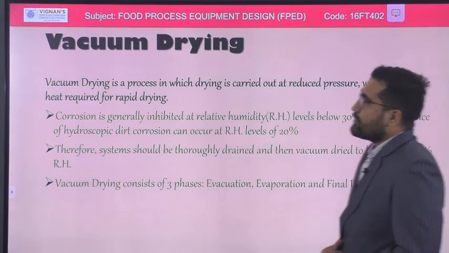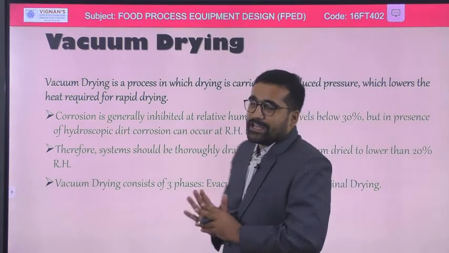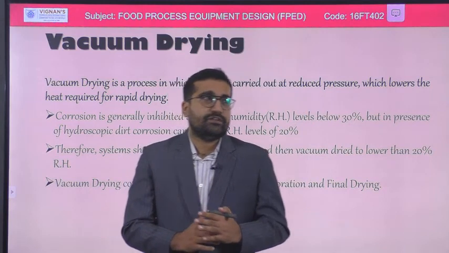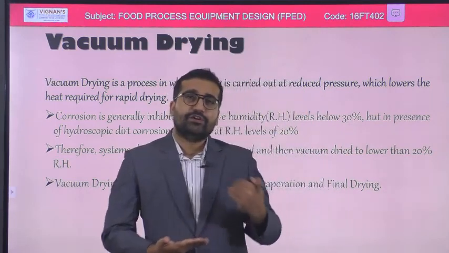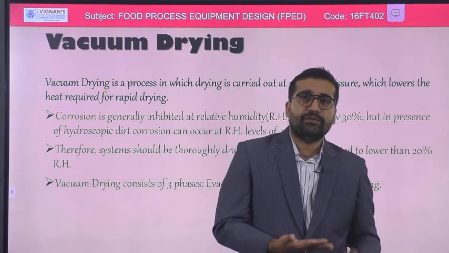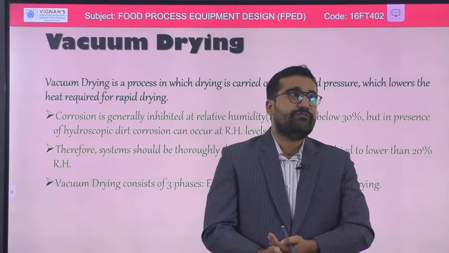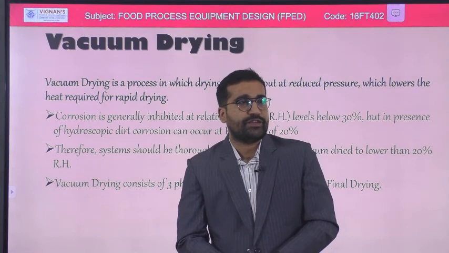So what do you mean by vacuum drying? It is a drying process in which we create a vacuum so that the drying time can be reduced. The drying time can be shorter in a vacuum dryer when compared to the conventional type of drying.